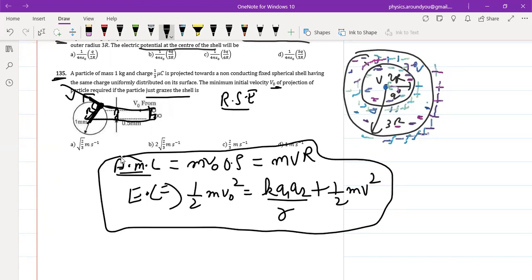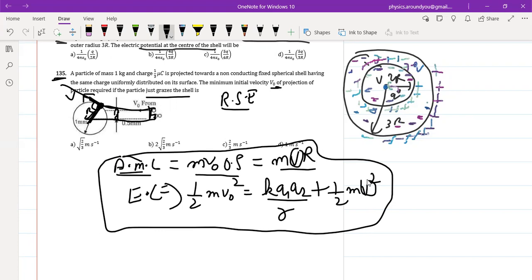Is there anything more from the question I can extract? No. So that is it. Initial kinetic energy is equal to final potential plus final kinetic, and initial angular momentum is equal to final angular momentum. So I have two equations and a single unknown. So I can actually find V naught.